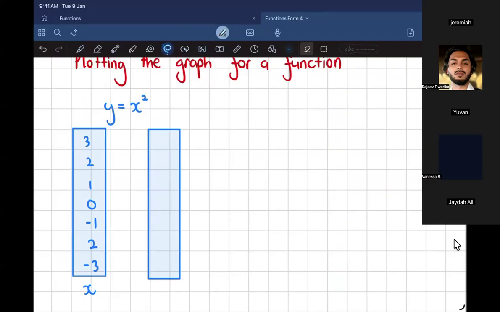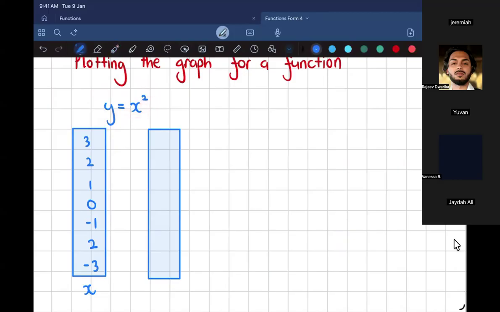Not too sure, sir. All right, where's the function here? y equals x squared. To get y, what do you have to do with x? Now you have to square x. Check it out, Yvonne. They are saying y is equal to x, whatever x is, squared.